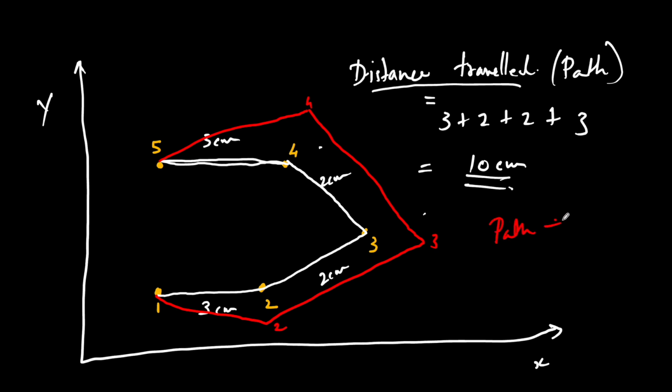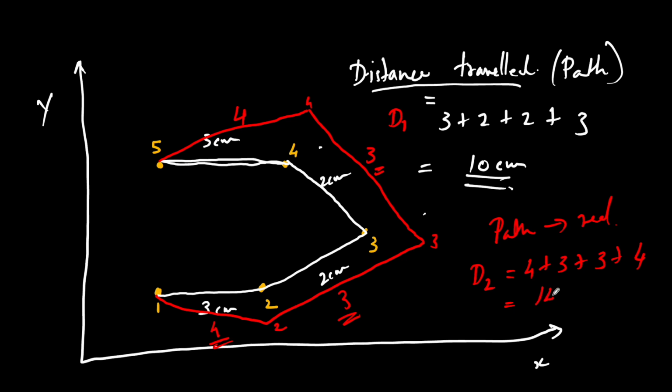In that path, the distances might be say 4, 3, 3, 4. The previous one was D1, this one is D2. Here the distance traveled will be 4 plus 3 plus 3 plus 4. That means 7 plus 3 is 10, 10 plus 4 is 14 centimeters.